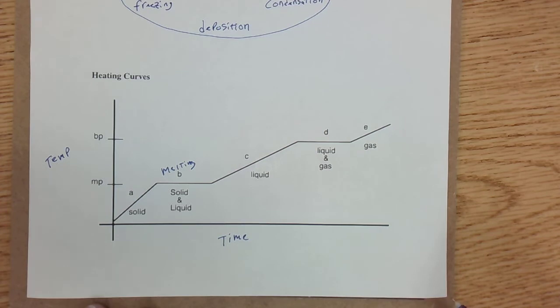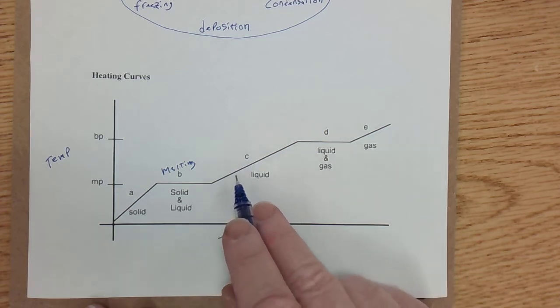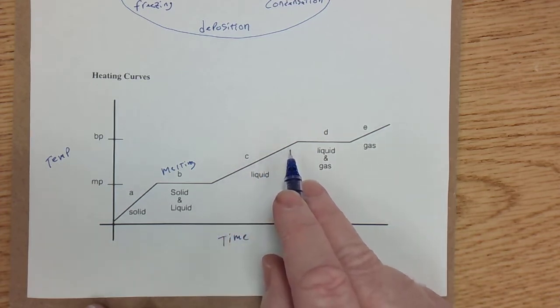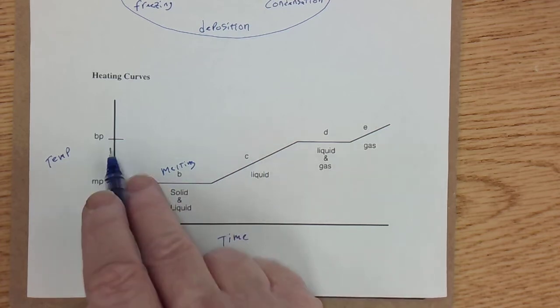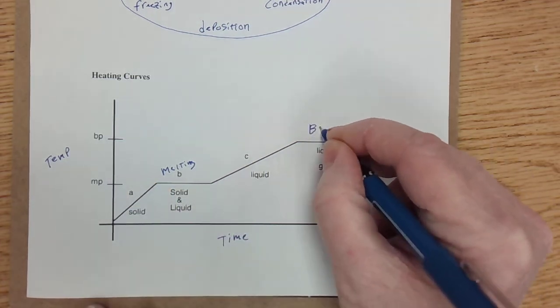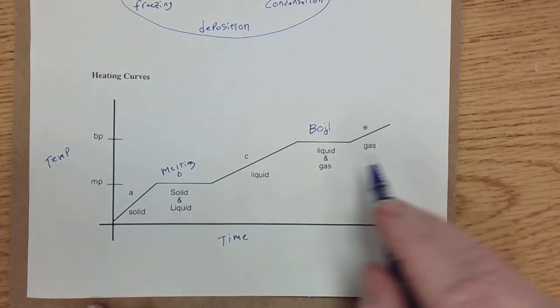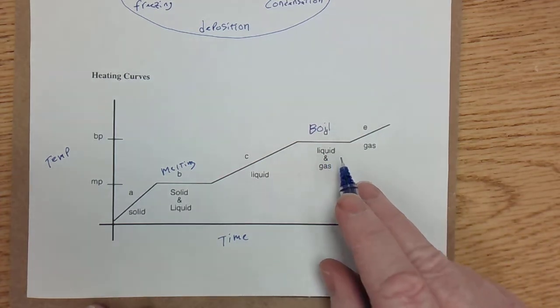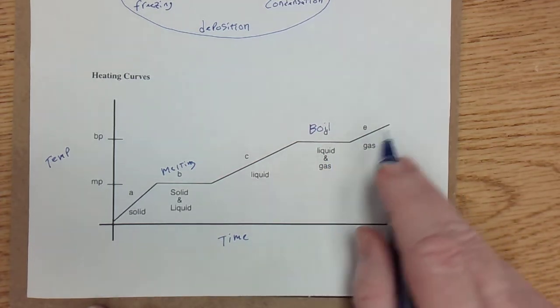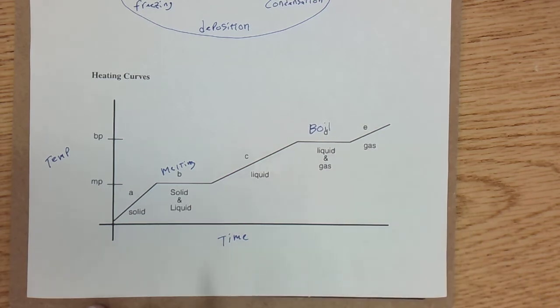After it has all melted, the temperature can start to rise again, but it can only go up to its boiling point, at which point it's going to boil. Now, after the boiling point, after all the liquid is boiled, the temperature of the gas can be increased also. But while you are undergoing a phase change at these 2 places, temperatures remain constant.